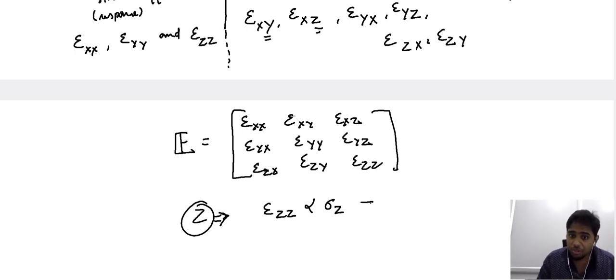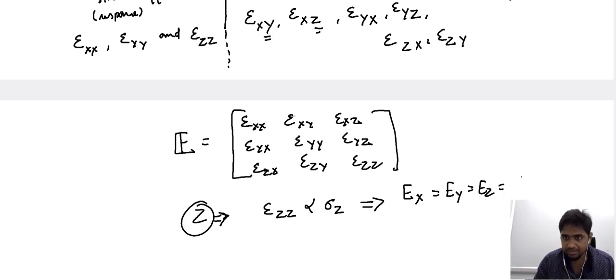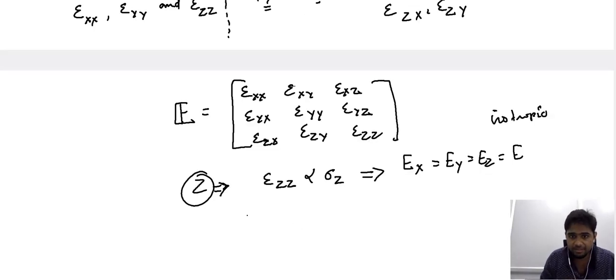Now, assuming that the proportionality constant that relates the stress to strain is the same in all directions, the Young's modulus, x, y and z, this is what we refer to as isotropic material or isotropic behavior. When we assume that, then the relation for the stress along the z direction can be expressed as the product of the Young's modulus and the corresponding direct response.